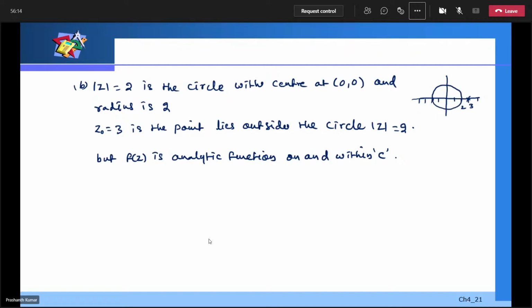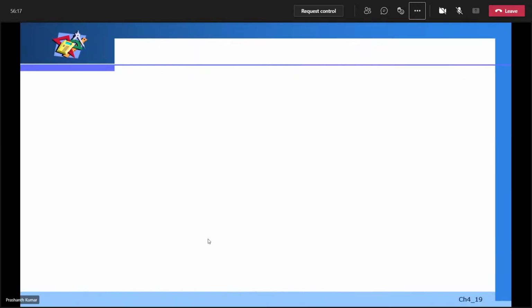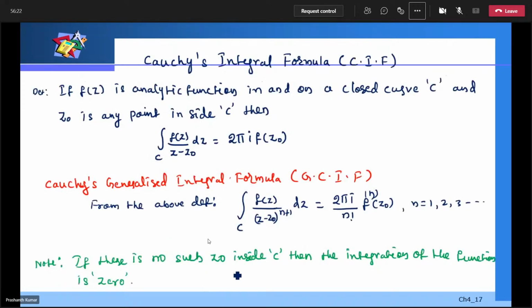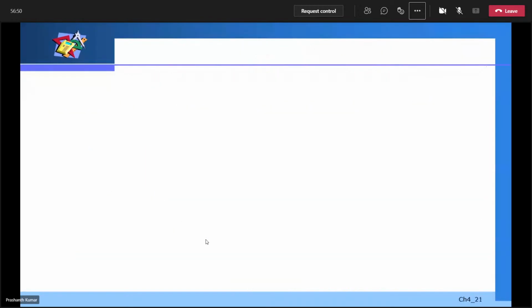So by the note I gave previously, if f of z is an analytic function and there is no such z0 inside C, where C is a closed curve, then the integration of the function is 0.